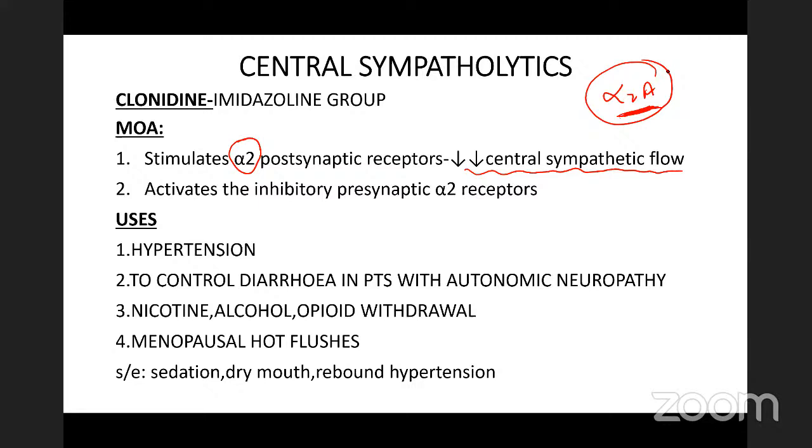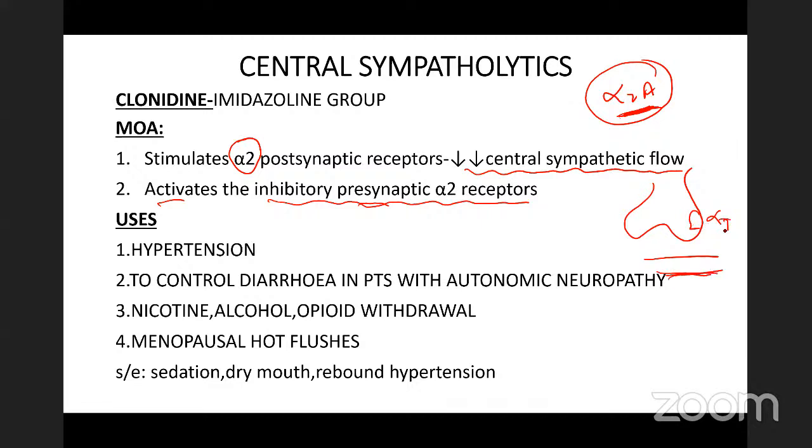Ultimately the BP will come down. It also acts on the presynaptic inhibitory alpha 2 receptors. See, that's what I told. This is the presynaptic alpha 2 receptor. This is the target organ.